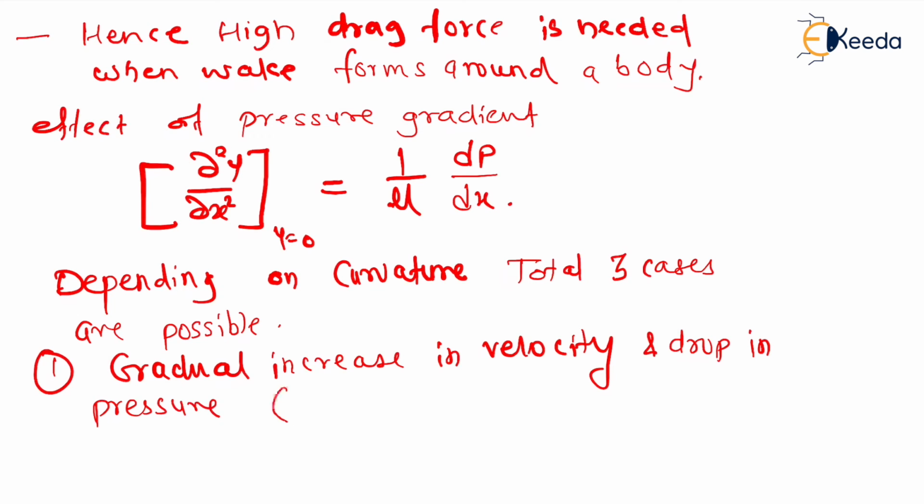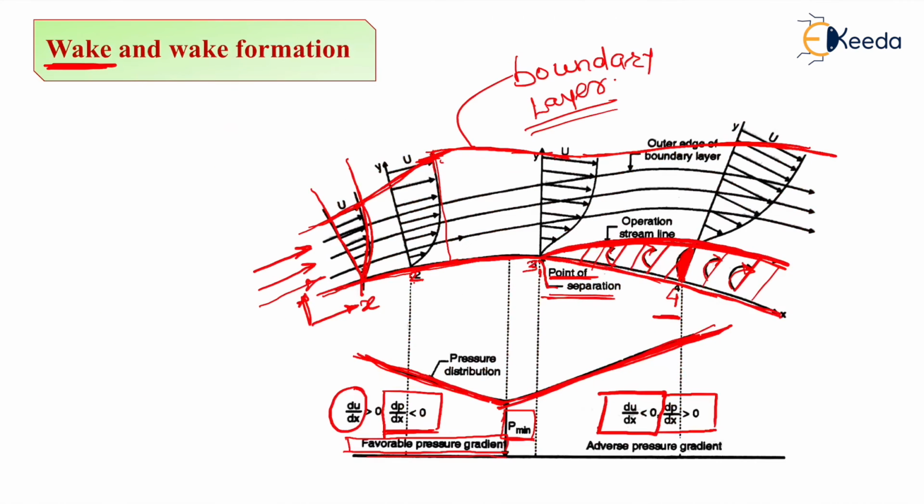This case occurs between point 1 and 2. This is point 1, this is point 2, this is point 3, and this is point 4. So between 1 and 2 there is a reduction in the pressure which is gradual one.